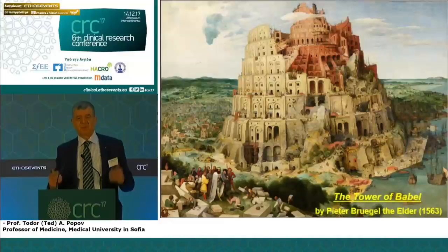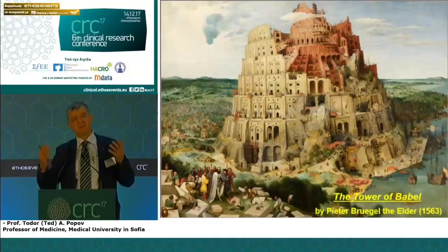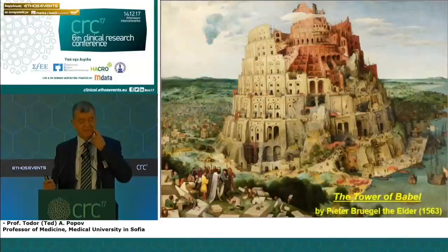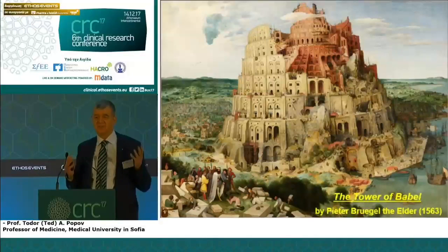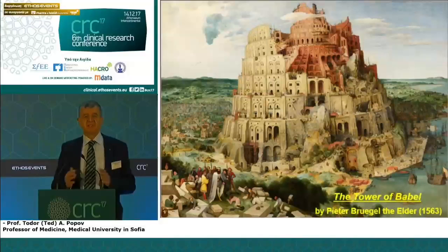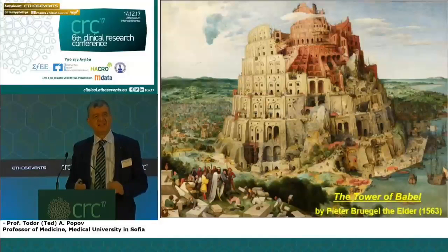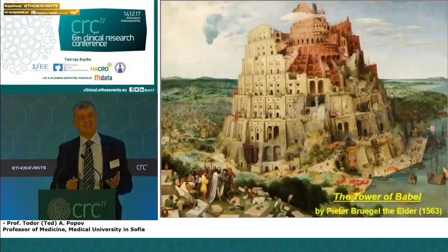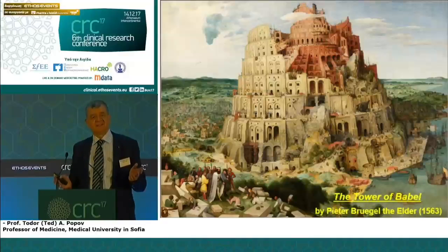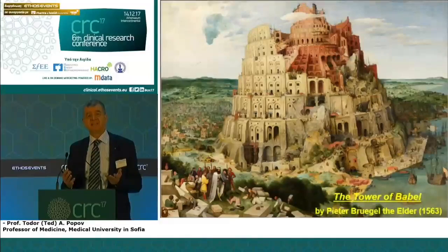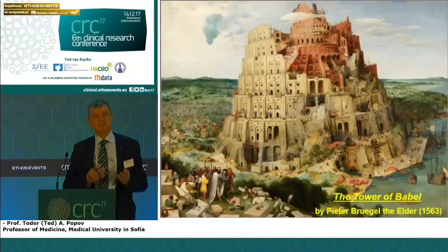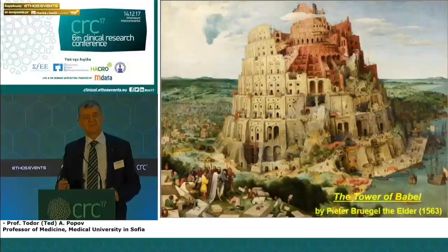And they all shared the same motives and the same incentive to become part of, to reach the heavens, so to say. And God then thought that they'll challenge his domination and his supremacy, and then he deprived them of the ability to speak the same language. And they started speaking different languages, and he dispersed them all around the globe.